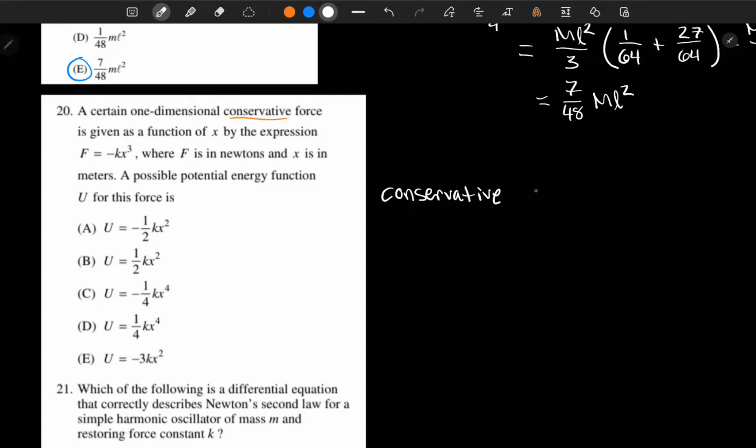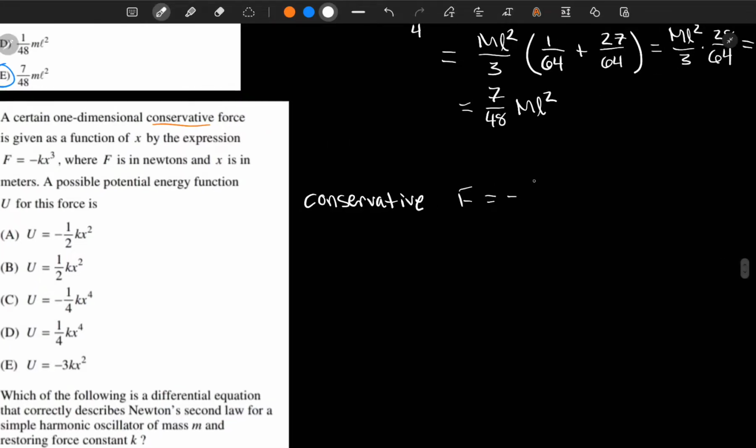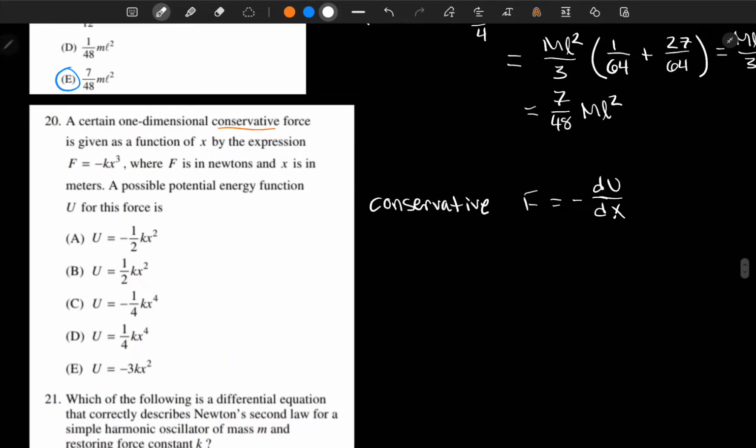A conservative F can always be written as negative dU dx, where U is some potential energy function. So here, all we wish to do is find a U whose derivative with respect to x times negative 1 is equal to the F that we wish to find.